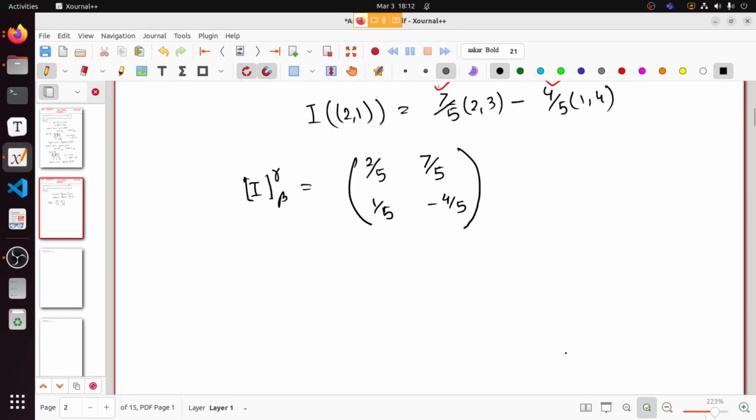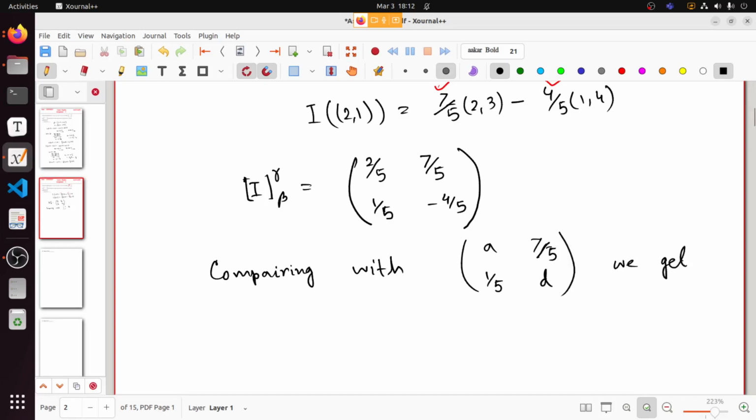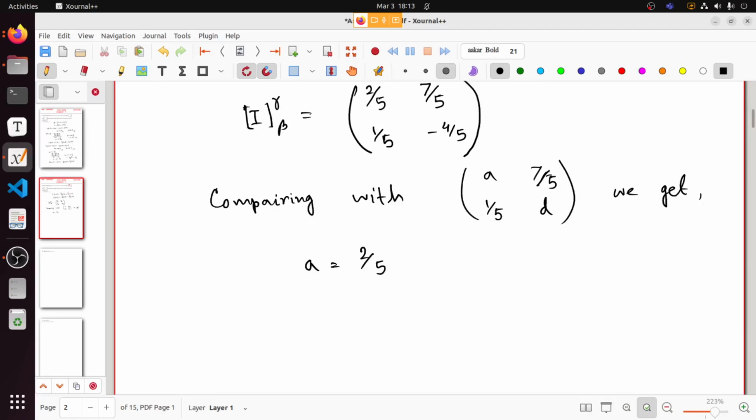You have to find 5a, so comparing with the matrix, with a, 7 by 5, 1 by 5, d, we get a equals 2 by 5. So 5a will be 5 into 2 by 5, which means 2. So the answer is 2.